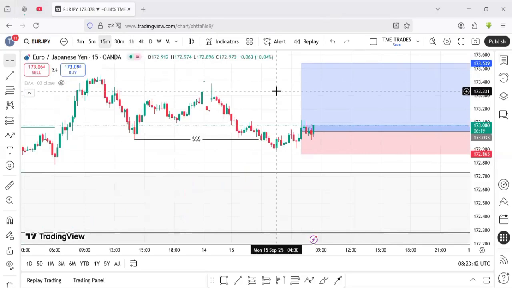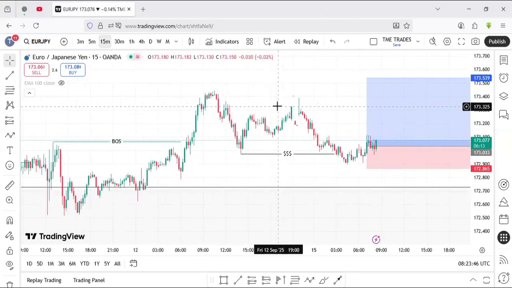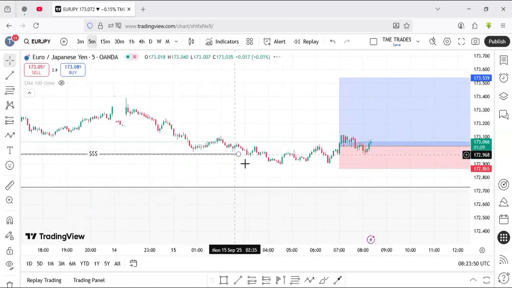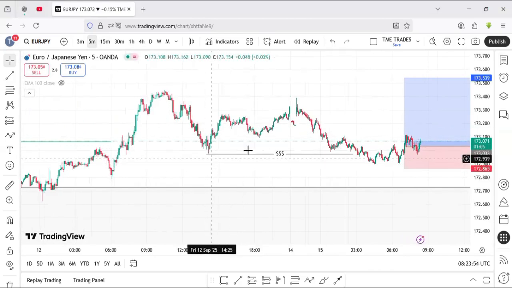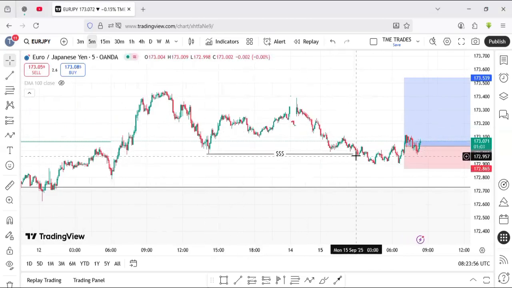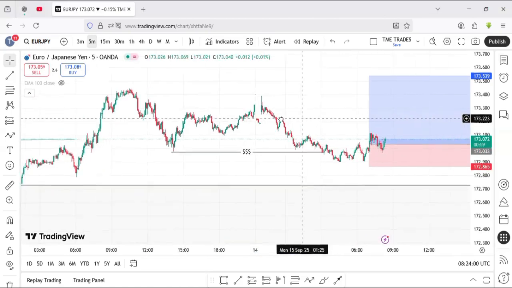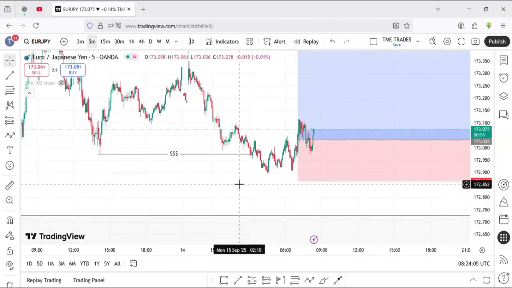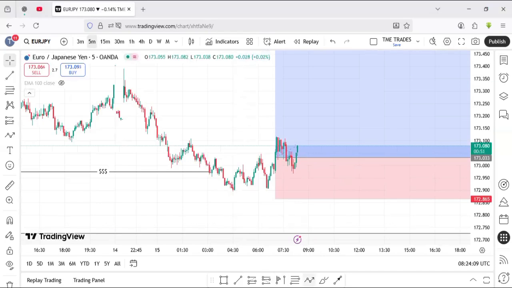So let's quickly go to 15 minutes. Okay, now on 15 minutes, we can see that, or let's go to 5 minutes. Yes. Now, on 5 minutes, after the market has taken out our liquidity, we are now waiting for this market to change in trend.